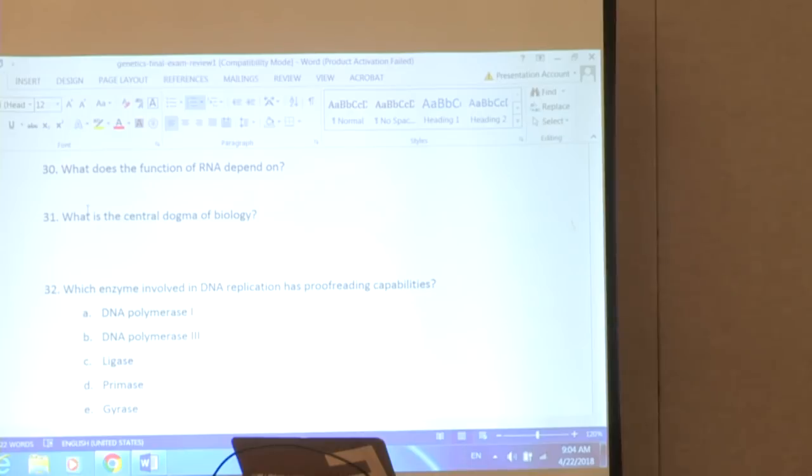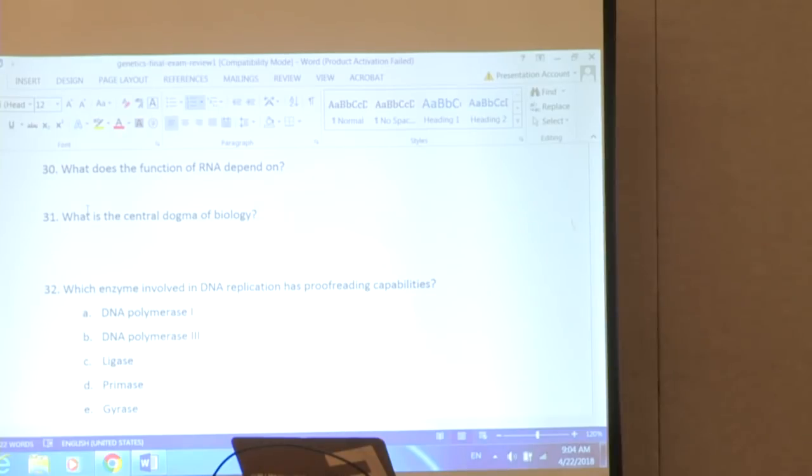So which of these enzymes involved in DNA replication has proofreading capabilities? Okay, polymerase 3. Yeah, so do you guys agree with polymerase 3? That's what polymerase 1 gets rid of the primer. Gets rid of the primer? Okay. Polymerase 3 lays down the DNA.